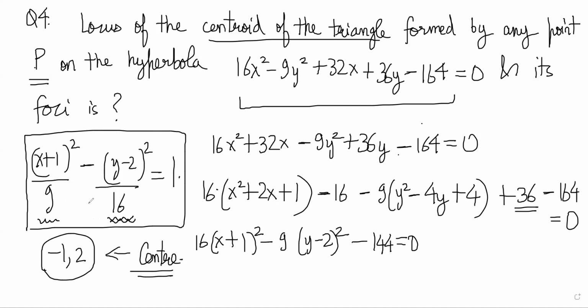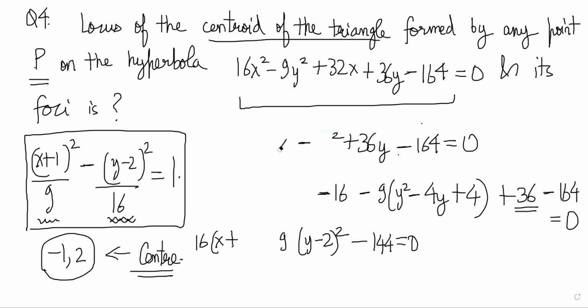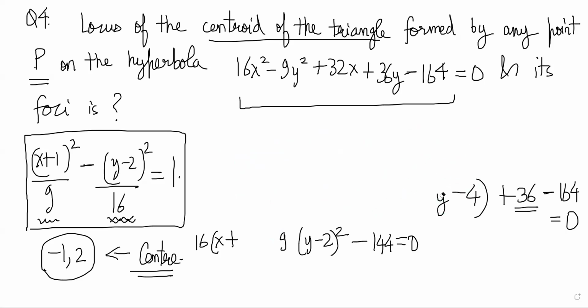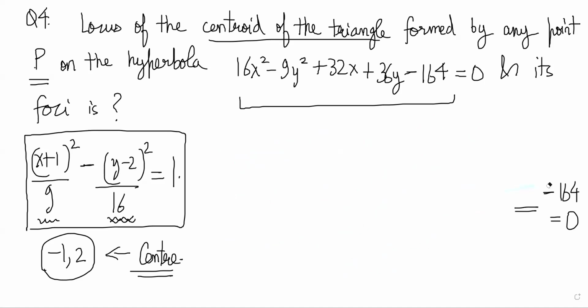So let's figure out what this will look like, the foci of this hyperbola. What we will get here, first let's find the eccentricity. The eccentricity for this would be: a square is 9, b square is 16.